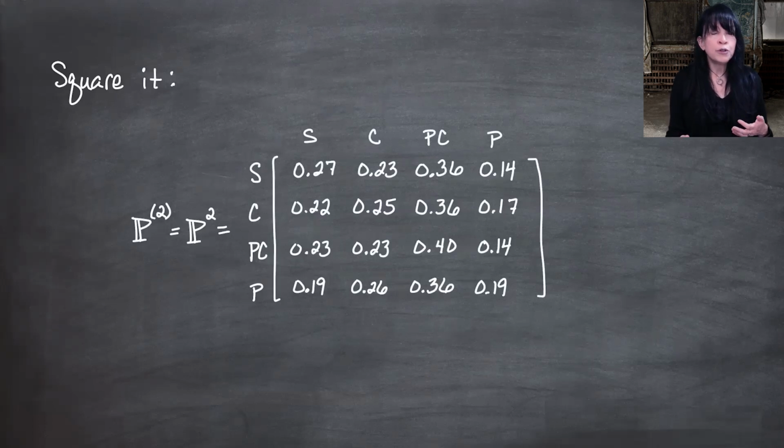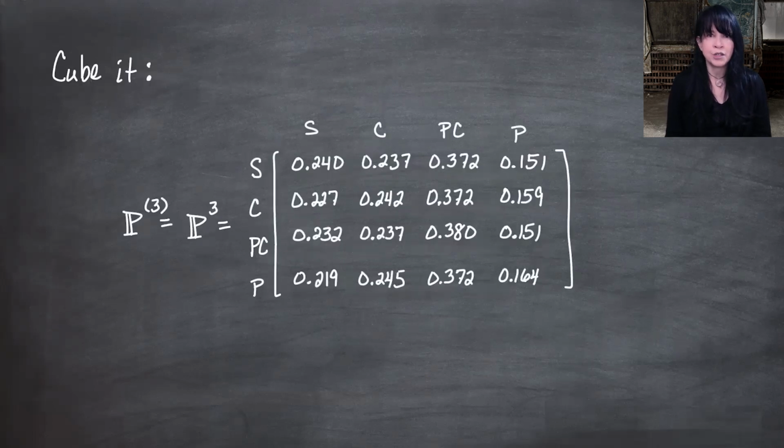So for example, the probability that we go from sunny to cloudy in 2 days is 0.23. I am going to cube the matrix now, and I have a matrix of three-step transition probabilities, which by the Chapman-Kolmogorov equations we know is the same as cubing the matrix, and so the probabilities in here represent the probability of going from one state to another in 3 days, or with 3 transitions.